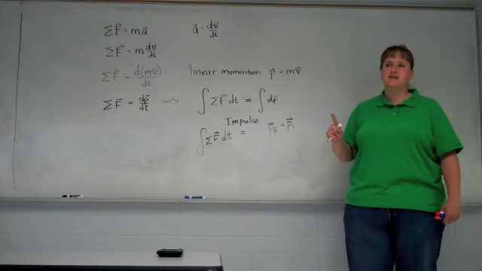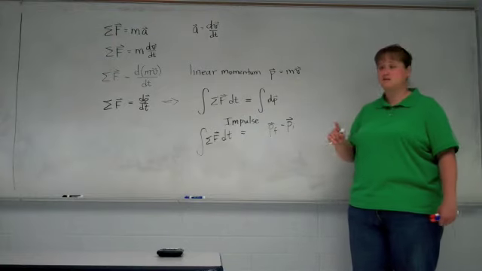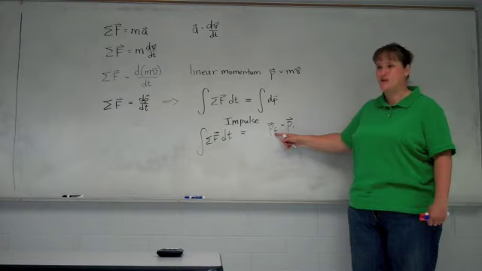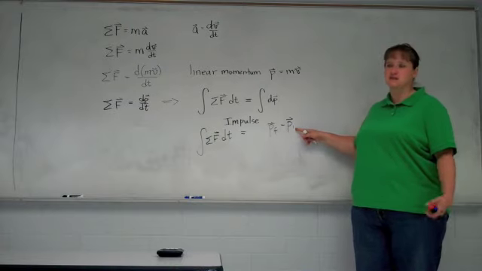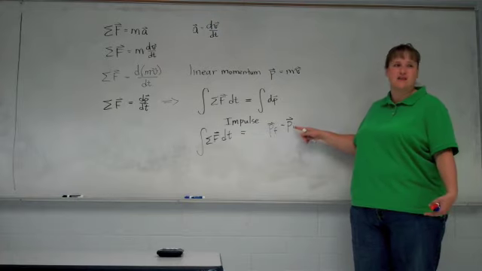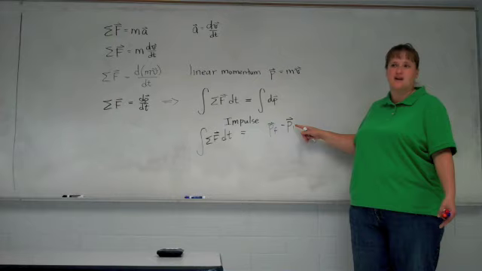Whether I lock my knees or let my knees bend, momentum final is still going to be 0, because I'm going to come to rest. And momentum initial is still the same, because I'm traveling at some set speed before I hit the ground. It doesn't matter if I lock my knees or not. I have the same initial momentum. Okay with that?